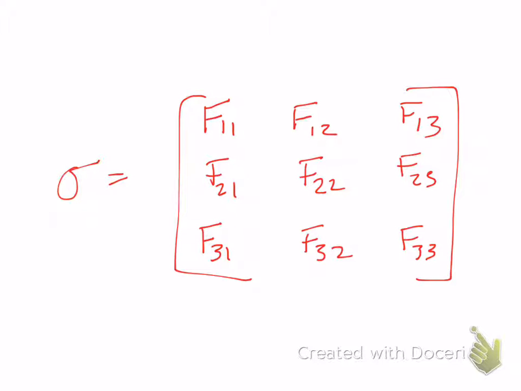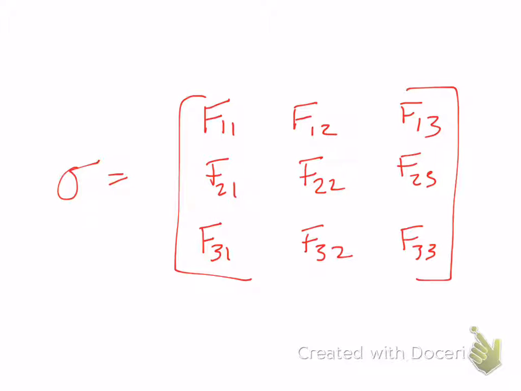So this force is applied onto the 3 side, which if we have 1, 2, and 3, that would be this side, but it's pointing in the one direction. So we're on this surface pointing in the one direction, which means that it has to be a shear force, because the only way you can have a force that's pointing in one direction on a surface that's another direction is for it to be a shear force.